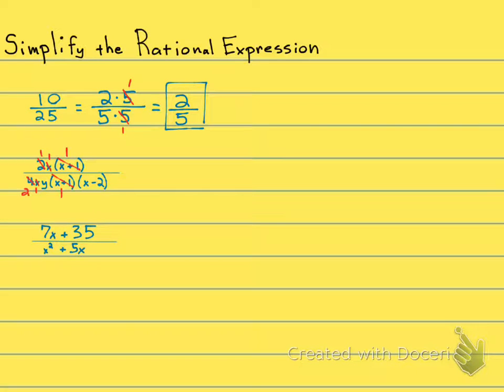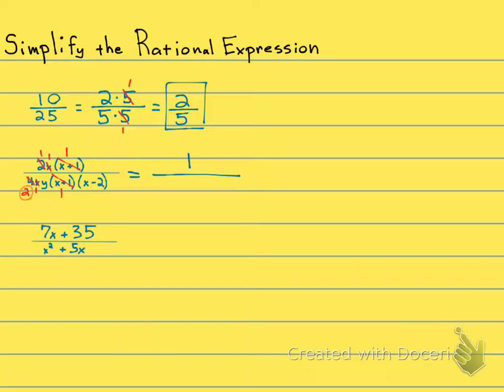2 times. So in the numerator, all I'm left with is 1 times 1 times 1. So my new numerator is 1. Now, my denominator is going to be 2 times 1, times y, times 1, times x minus 2.